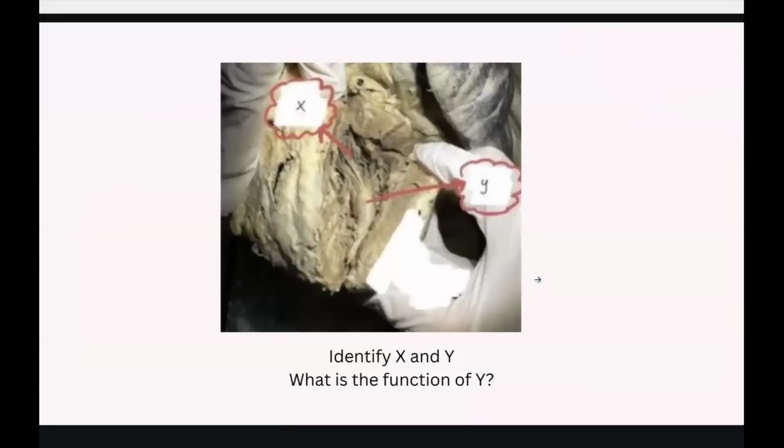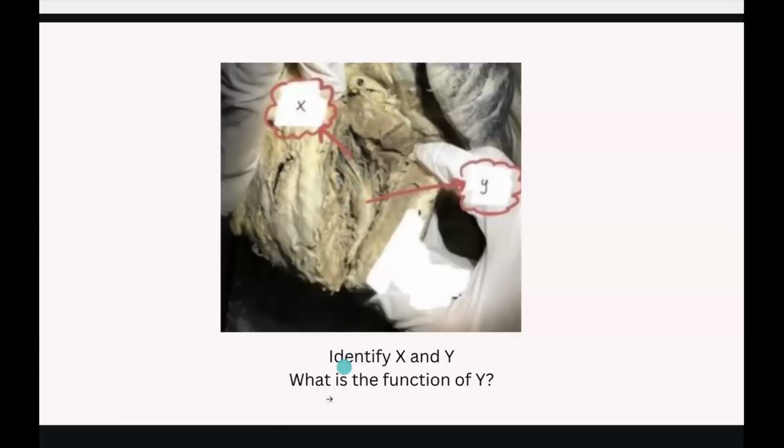Okay, now for the questions. So identify X and Y. Can anyone identify these? We repeated these so many times. Is Y the papillary muscle? Yes, exactly. Perfect. So Y is a papillary muscle. What about X? X is the chordae tendineae.